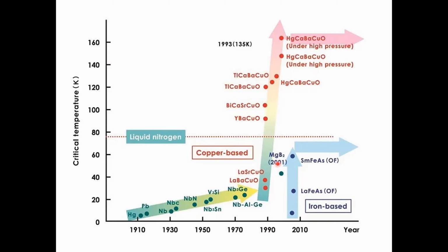And MgB2, this is the new material discovered in 2001. This one is quite new, but they didn't discover other forms of like Mg or even boron, but this is quite interesting if you want to take a look at that.